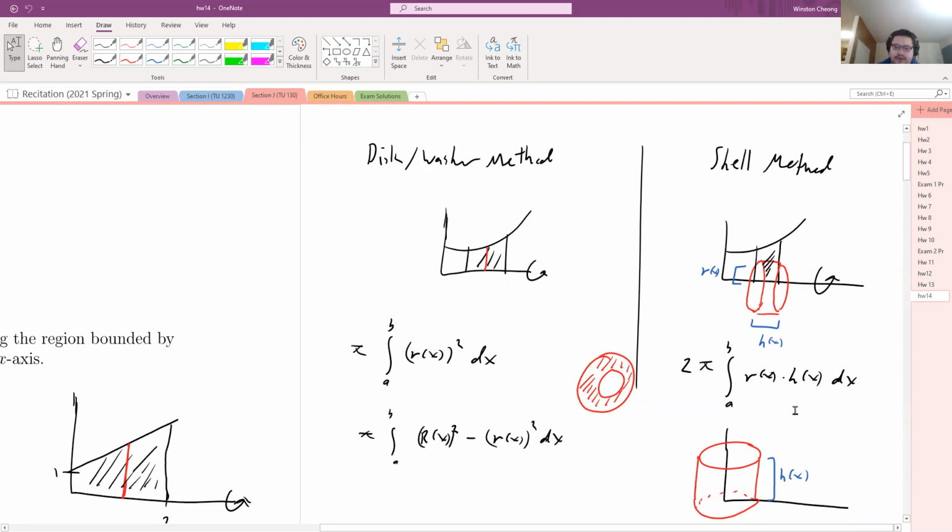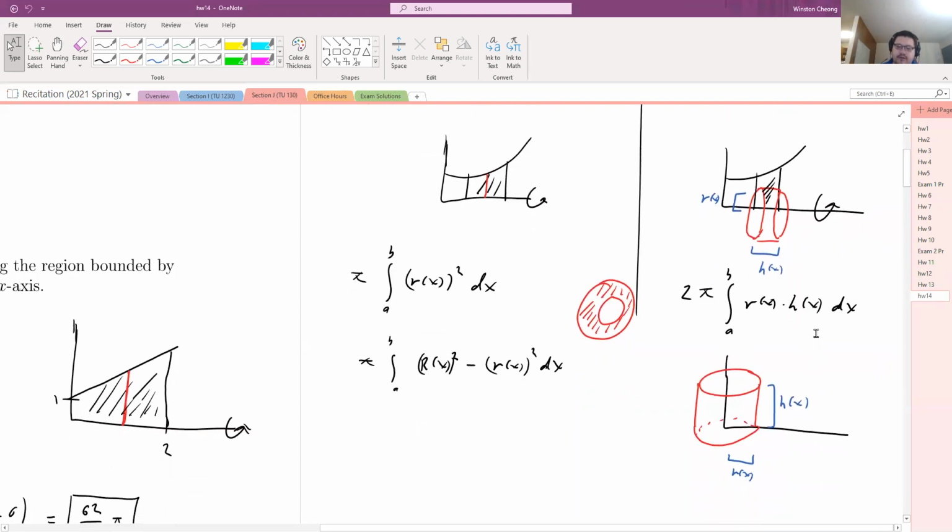With shell method, it's this integral that you would compute, and notice that there's a 2 pi instead of just a pi. That 2 is important. And you have two different functions inside, a radius function and a height function that correspond to the radius and the height of the cylinder that ends up getting traced out.